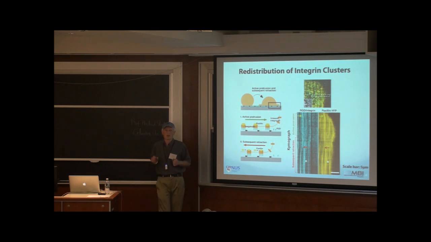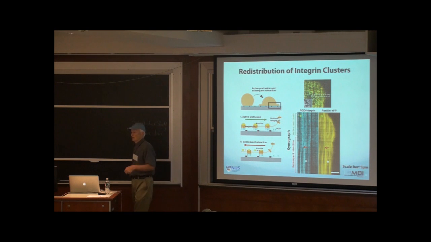So polymerization is pushing them out, contraction is pulling them in, and the surprising thing about Paxillin is that it's getting pushed out initially, and then when it gets pulled in, it's able to jump over the barriers because it's cytoplasmic and not so strongly attached to the integrins under the circumstances.